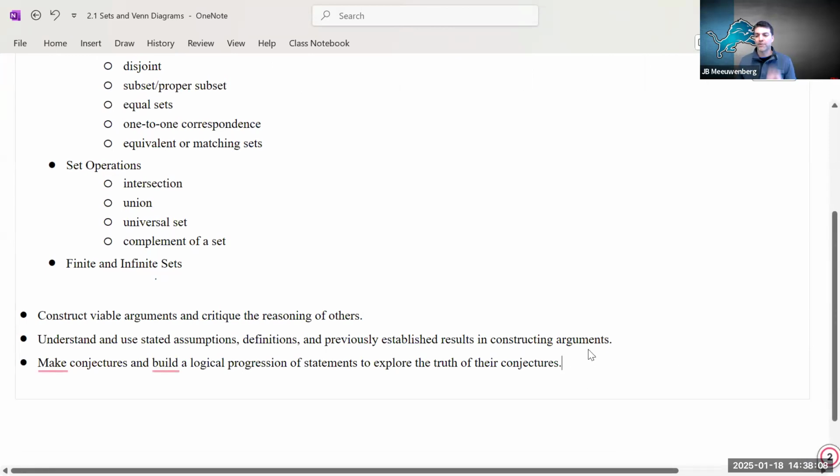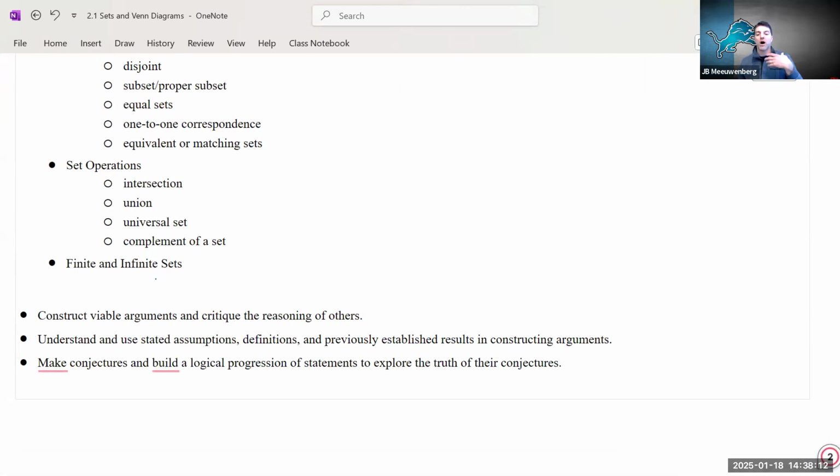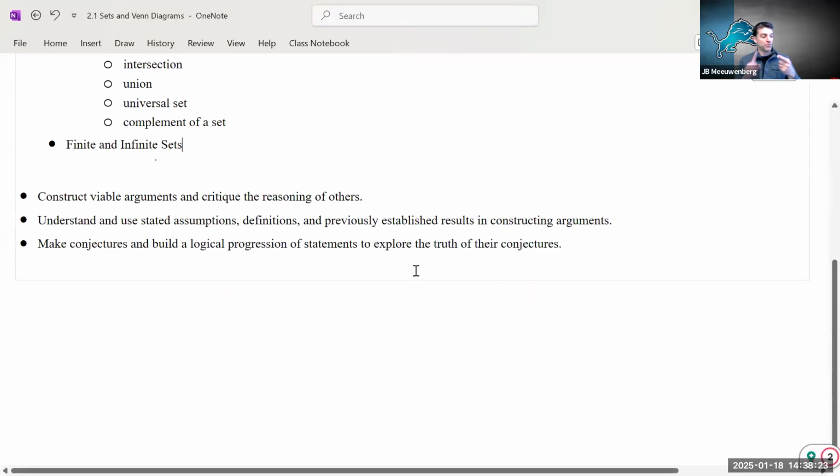So in the first chapter, we talked about the Common Core standards for mathematical practice. They recommend that students at all grade levels, from kindergarten all the way up to seniors in high school, need to be able to first construct viable arguments and critique the reasoning of others.